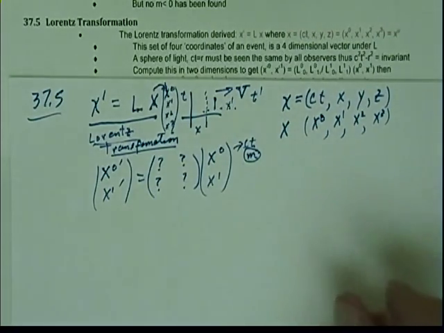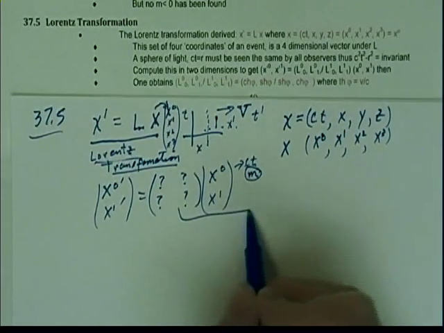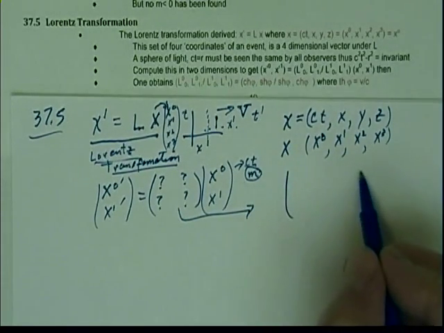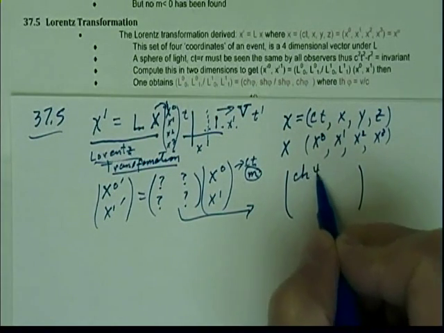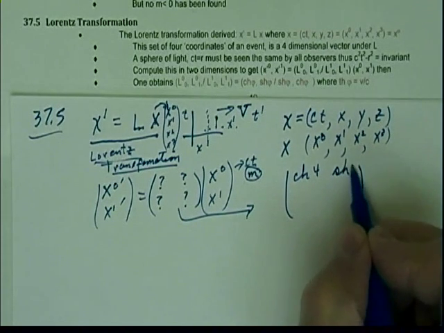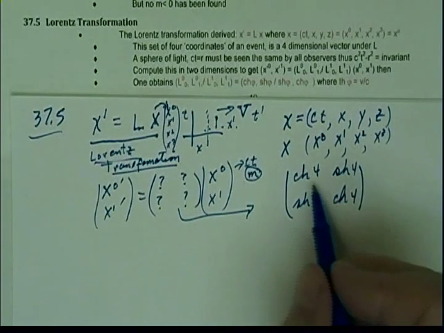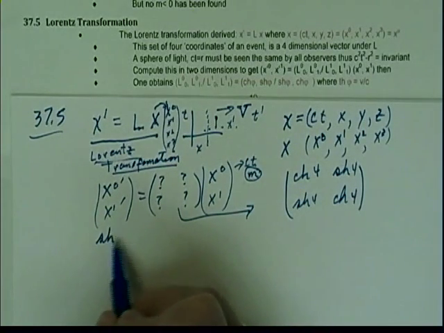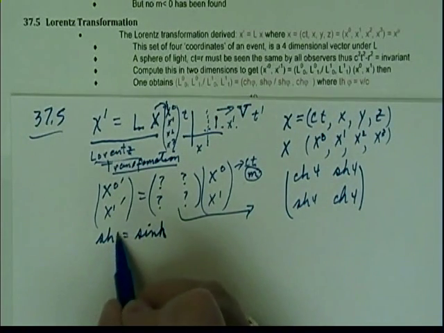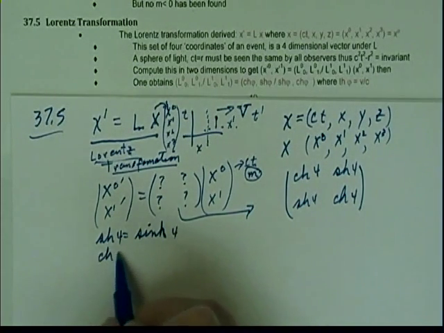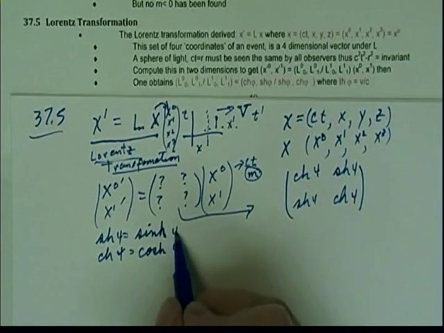How are these made? Well, this is a more advanced topic, and it turns out that this matrix is represented by hyperbolic functions, ch psi, sh psi, sh psi, and ch psi, where sh psi is the hyperbolic sine of an angle, and ch psi is the hyperbolic cosine of the angle.